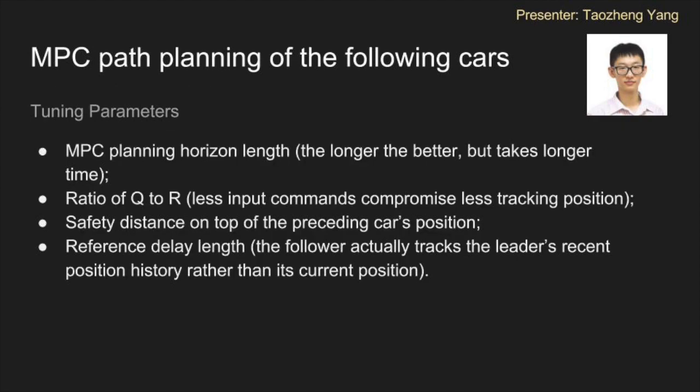During the simulation for the car following sessions, there are some critical parameters influencing the performance. Firstly, a longer MPC horizon length gives a better performance, but it definitely costs longer computation time. The ratio of Q to R determines the relative penalty weights on the tracking accuracy and input modestness.